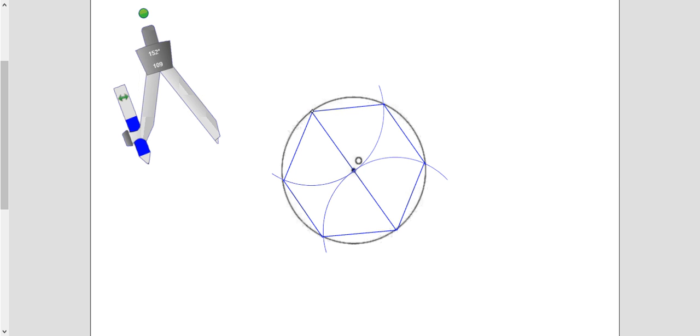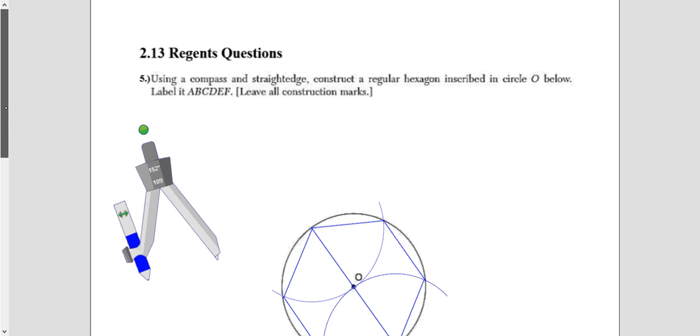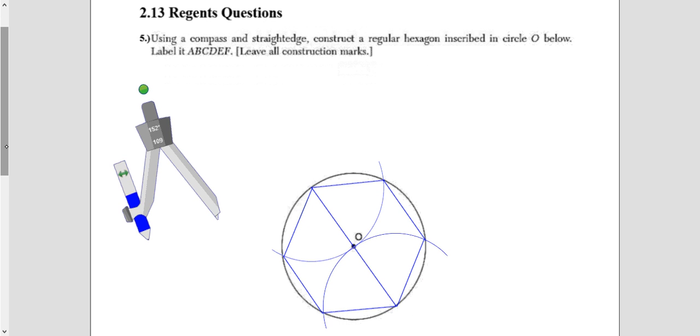So if you have that, you've got to read the directions. What else do we need to do? It doesn't matter which way you label it, as long as all the labels are in order, in either direction. They ought to be in order around, okay? You can't just randomly put them. Everybody get that? So maybe I'll start here.